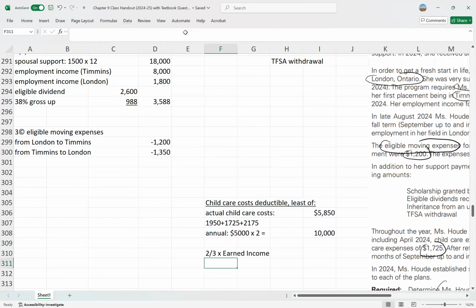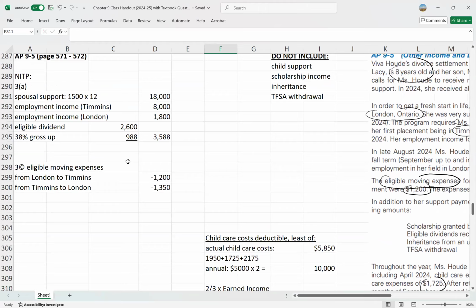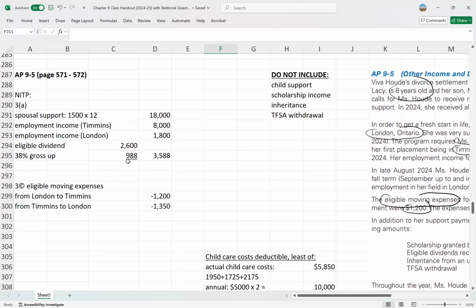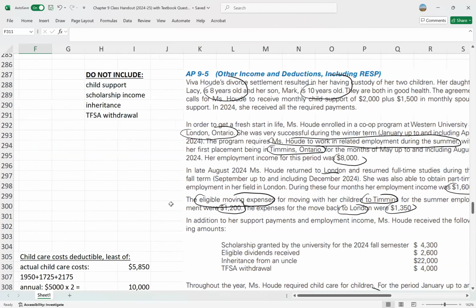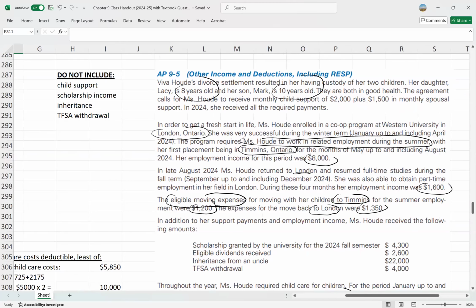And what is her earned income? So remember, we said that earned income is basically just going to be her employment income. Oh, I think I made a mistake with the employment income for Timmins, or the London amount. Let me just double check that. Yeah, so the employment income was 8,000 and 1,600.